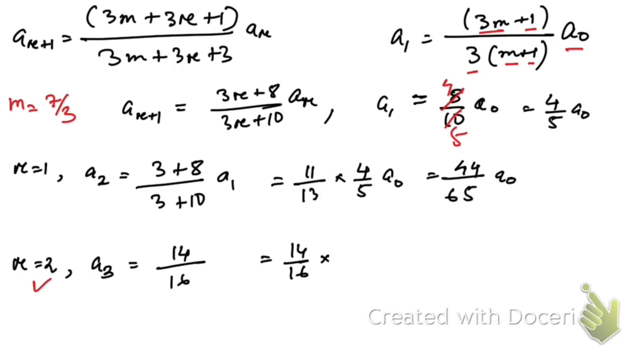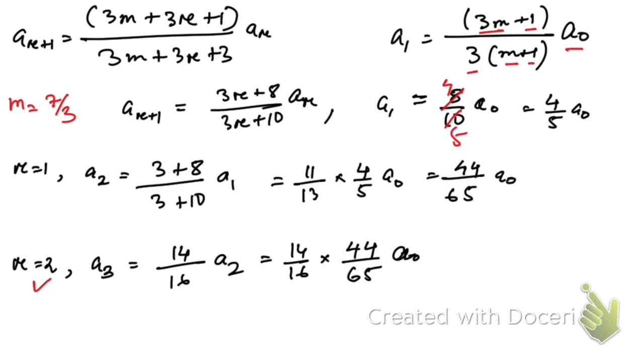And if you replace this a2 by this value, a2 is equal to 44 by 65 a naught, right? That's what we have got.